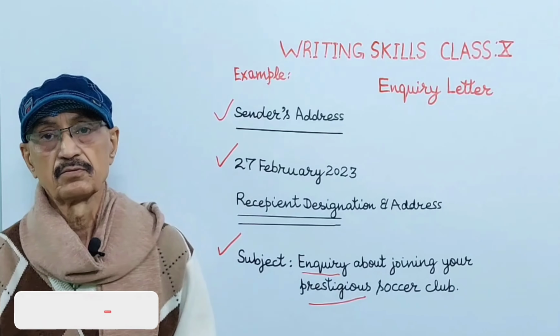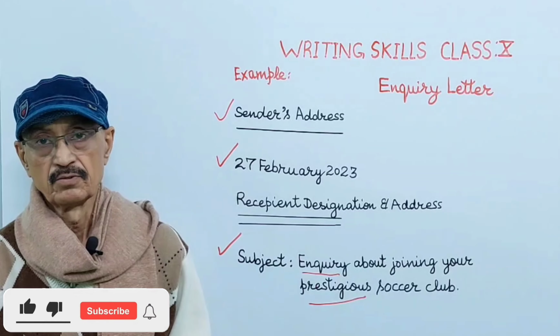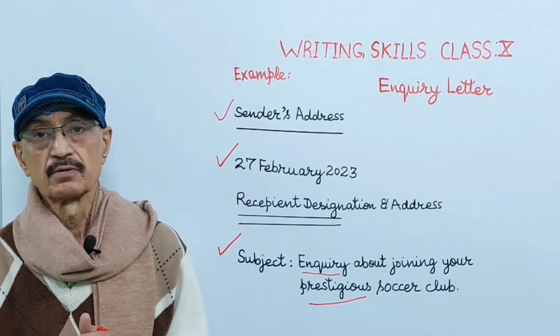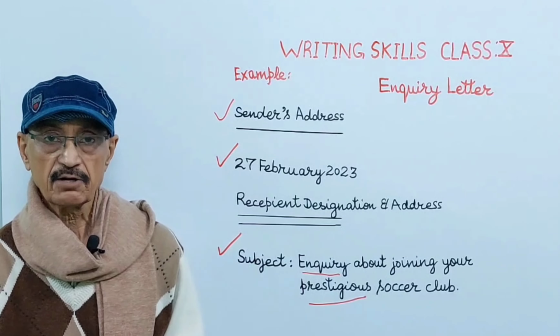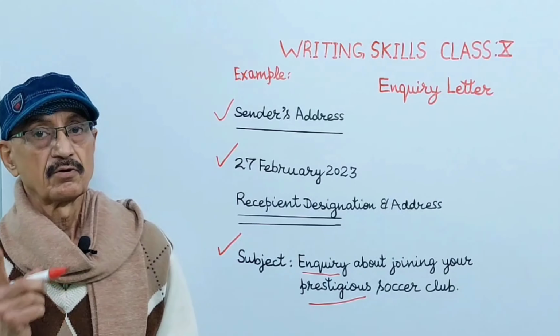in whatever you write. So, the format should be clear: sender's address, then date, and then designation and address of the addressee or the recipient, this one. Then leave one line blank and write subject.